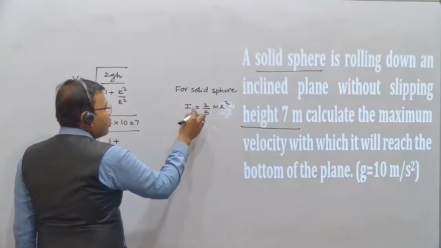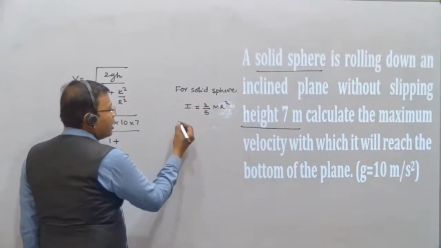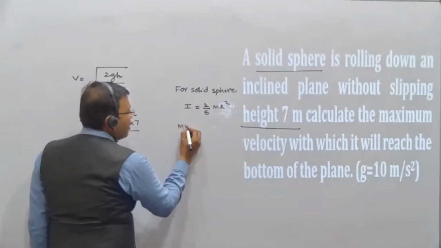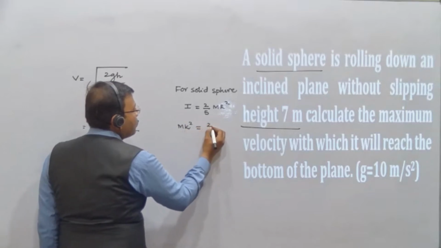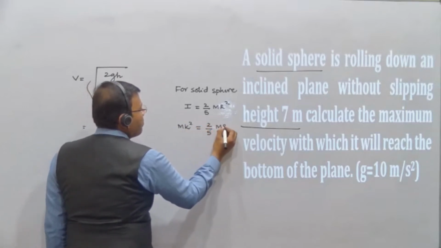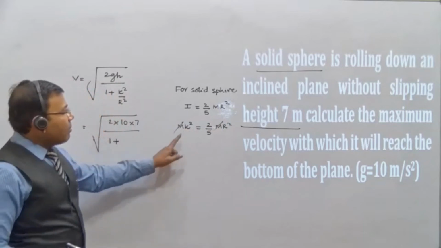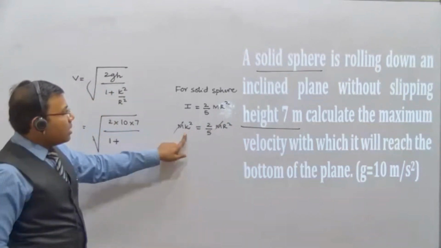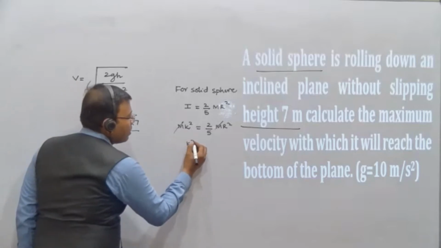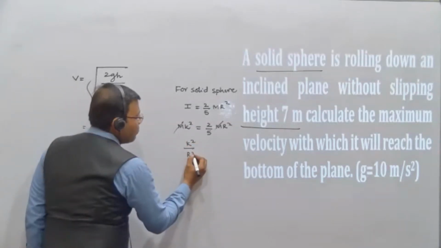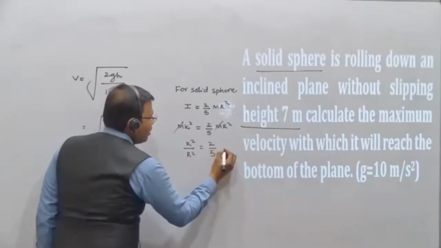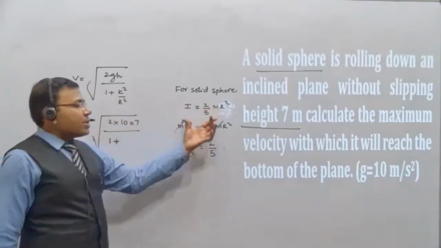The general formula in terms of radius of gyration is mk square equals 2 by 5 mr square. The m and m cancel, so k square by r square, the answer is 2 by 5.